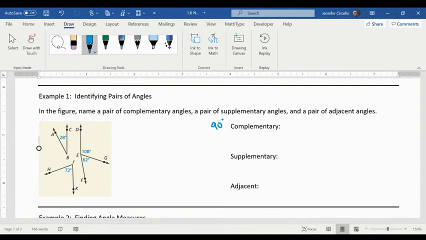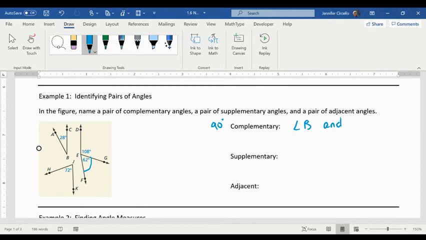Okay, I'm going to start with naming the 28-degree angle. I could use 3 letters to name it, or I could use 1 letter, and it's easier to do 1 letter, so I'm going to call that one angle B. There's only one angle B in the picture. The other one I want to name is this one right here. I can't call it angle E because there's actually 3 different angle E's in the picture.